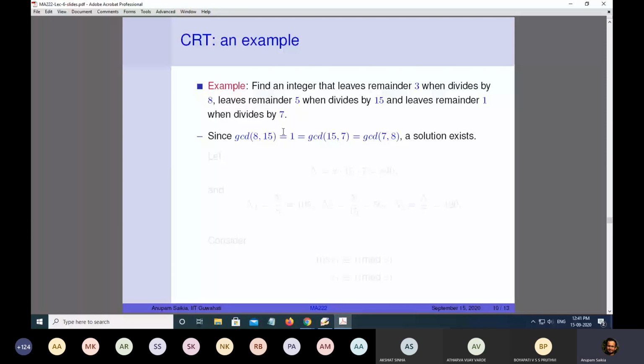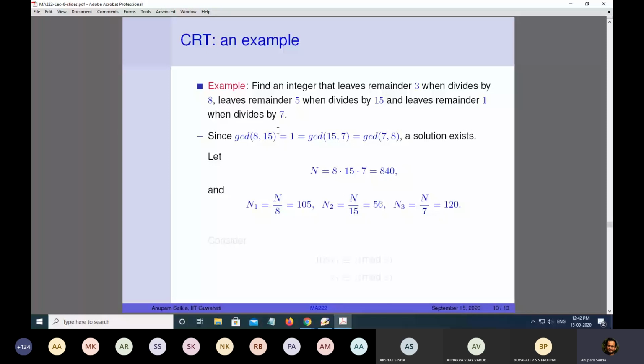So a solution will exist. They should be pairwise co-prime. Then we have to take capital N, which is the product of all these moduli. So in this case, it is 840.